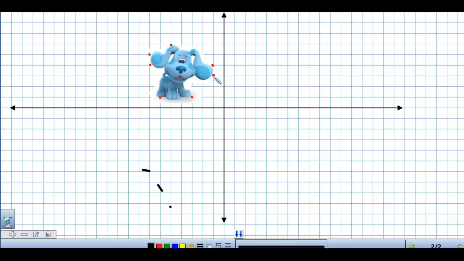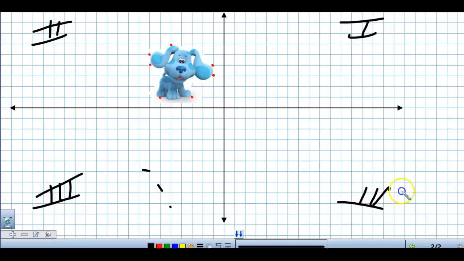So on Blue, I have graphed her on a coordinate system, and she's going to help us in reflecting. She's going to get reflected about the x-axis, the y-axis, and the origin to kind of understand what is happening. So as you can see, she is in the second quadrant. Now, if you don't remember your quadrants, they're in Roman numerals 1, 2, 3, and 4.